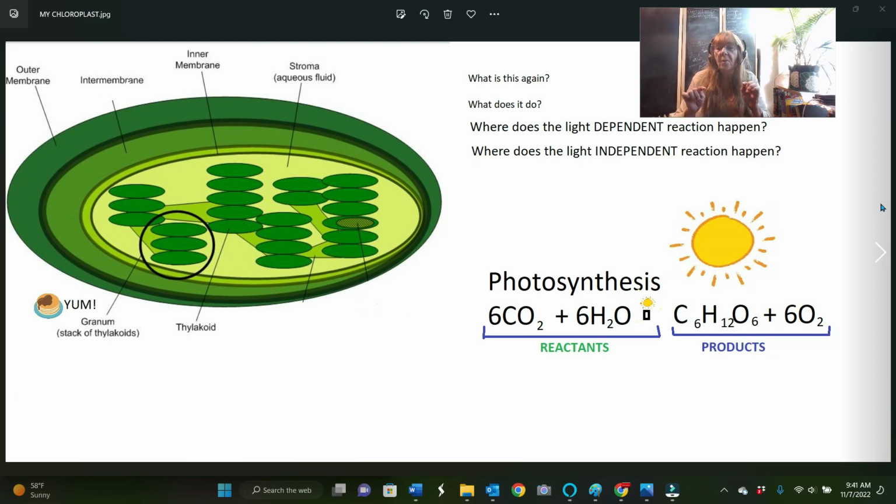Just please remember that these here, the C6H12O6 plus 6O2, those are the products that come out of the whole photosynthesis. And these are the reactants that go into the chloroplasts to make this happen, so that the chloroplasts can make food for the plant to eat.